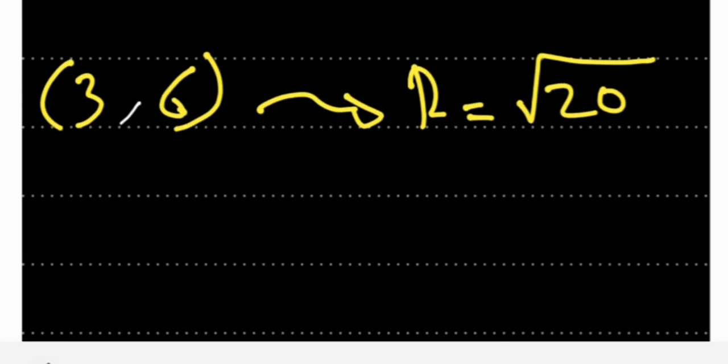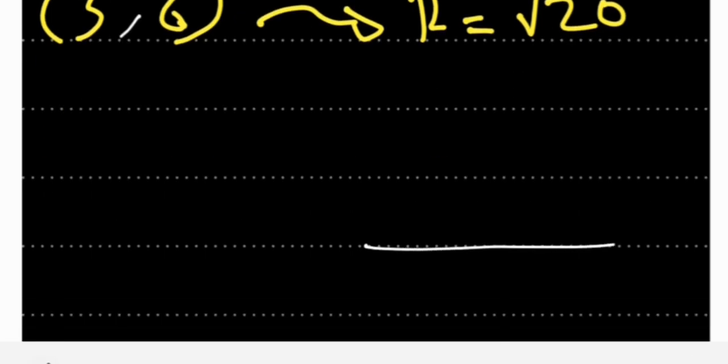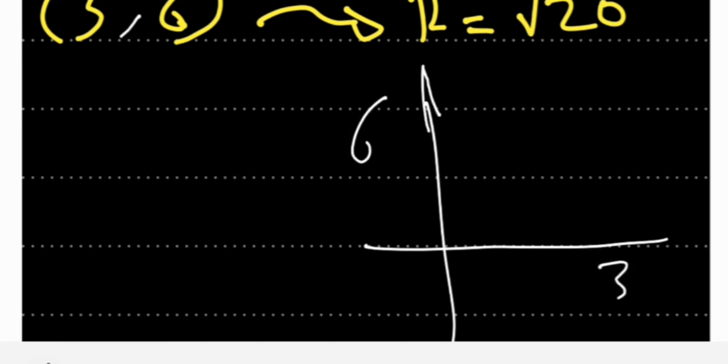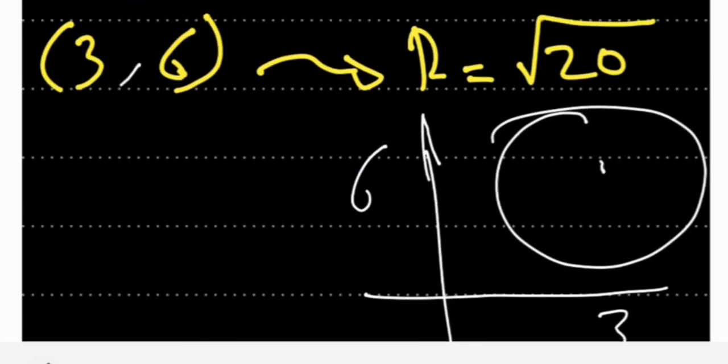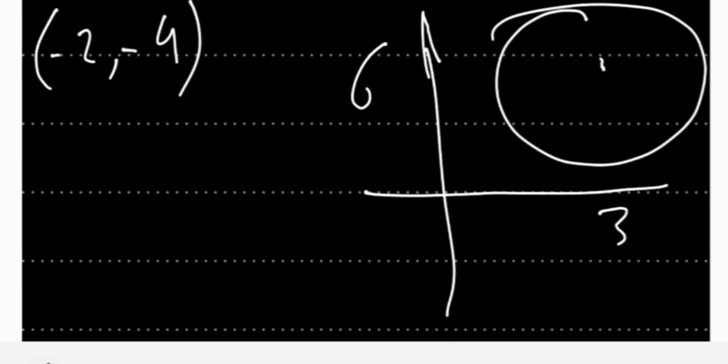So look, basically what we are being told, so let's say that here's 3 and here's 6, so we have some circle over here, and then we have the point (-2, -4), over here, maybe.